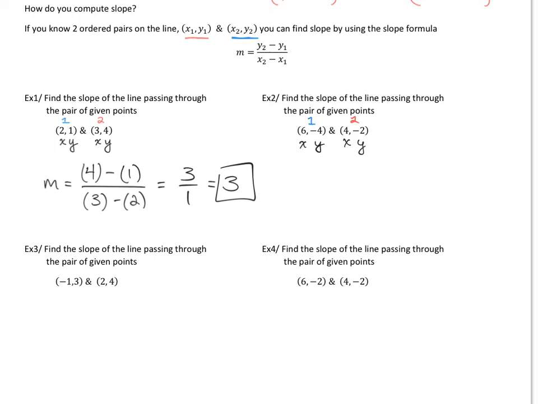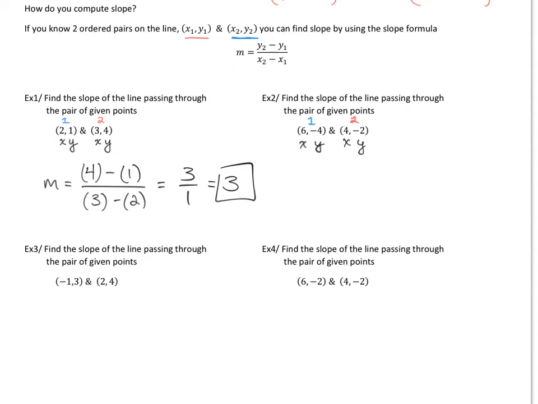So 6 is x1, negative 4 is y1, positive 4 is x2, and negative 2 is y2. With this, you just have to substitute these numbers into the slope formula at the top of the screen.